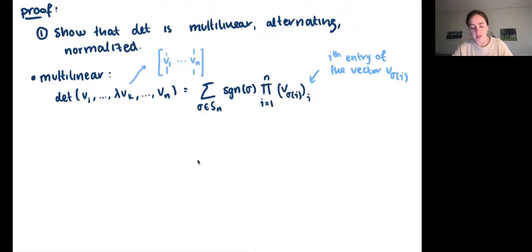Okay, so what I've written here isn't quite right, because in the kth coordinate, we don't just have the vector v sub k, we have lambda times v sub k.